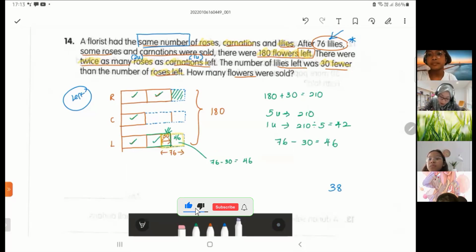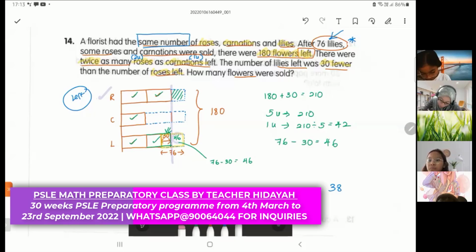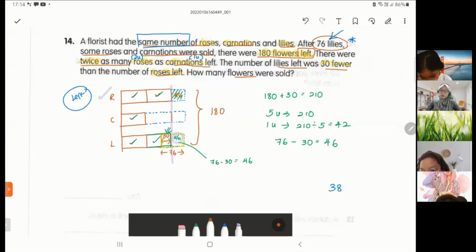Purple. Okay, if you can see, my roses is here, right? So let's look at this part of the model. Can you see that I already find that this is 46? So which means this part here is also 46. Can see? So my roses is done. I found already that 46. I check back, it is also 46, right? So that is my roses sold.